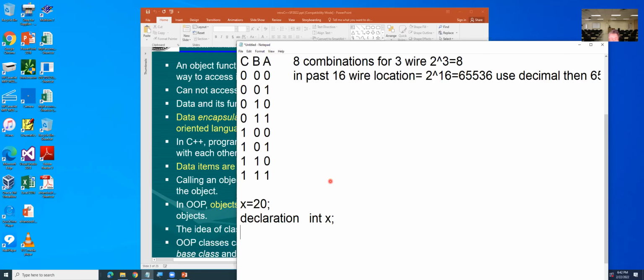So now, what happens inside the computer? The computer will prepare a location named X, and for an integer, it gives you 2 bytes of memory. Okay, 1 byte is 8 bit, so 2 bytes, you get 16 bit. That means you get 16 bit to store the value.